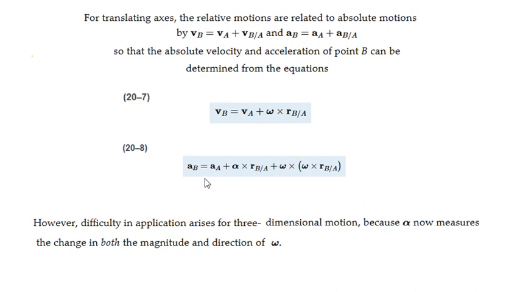We're going to do the same thing for the absolute acceleration at B. You initiate it with the absolute acceleration at A. Your change is angular acceleration, distance r away from each other between those two points.